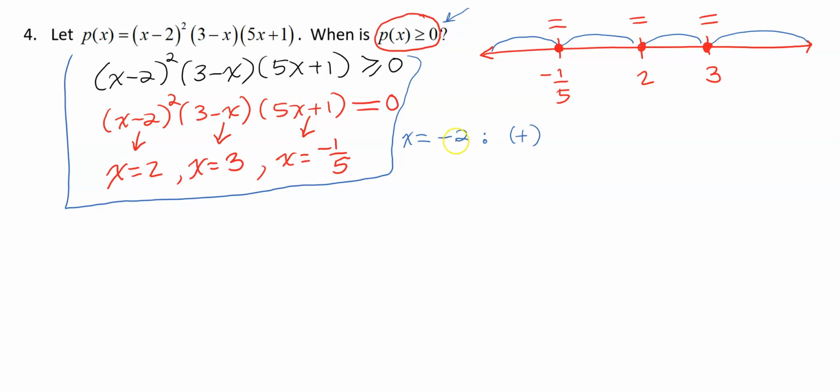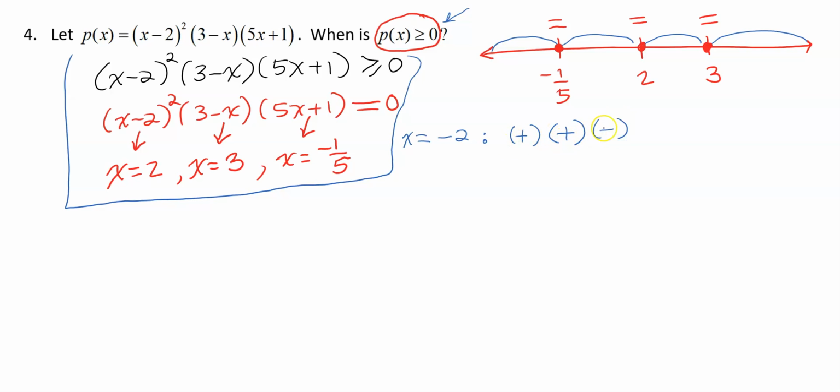So when x is negative 2, the second factor, 3 minus negative 2, will give me a positive answer. And then 5 times negative 2 plus 1 is a negative number.